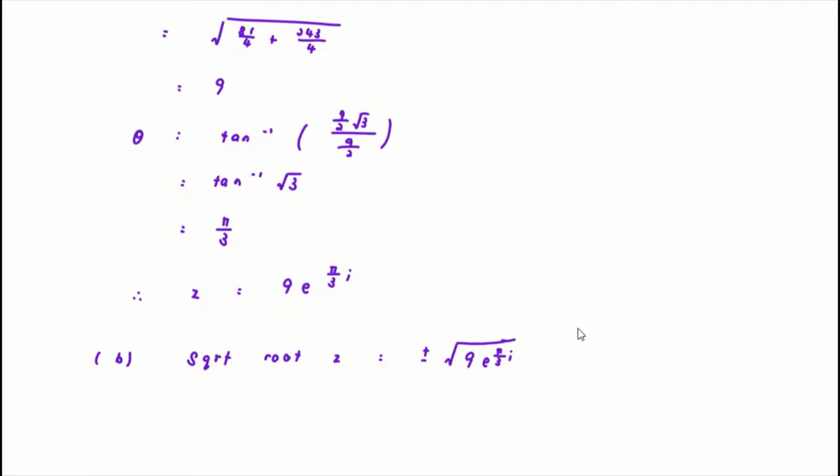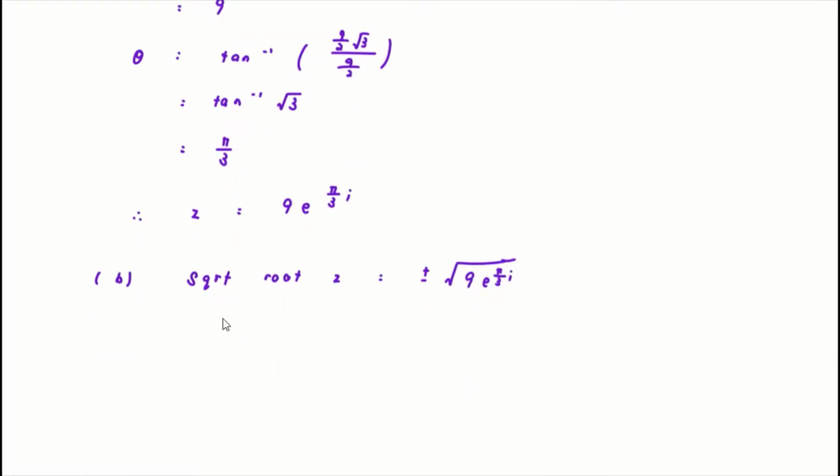For the positive part, it's actually easy, because the first square root will just equal the square root of 9e to the power of pi over 3 i, so this will be equal to 9e to the power of pi over 3 i, all to the power of 1 over 2, right?